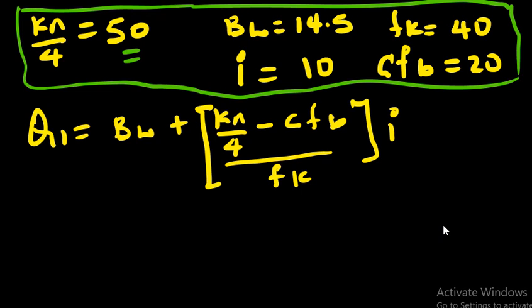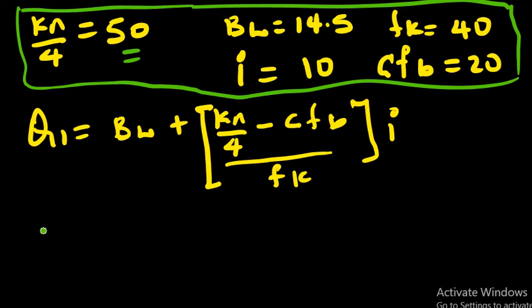First of all, let us compile everything we have. Kn over 4 is 50, the lower class boundary we have, the frequency of the class, the cumulative frequency, we have everything. So here is the formula. Now let us substitute.